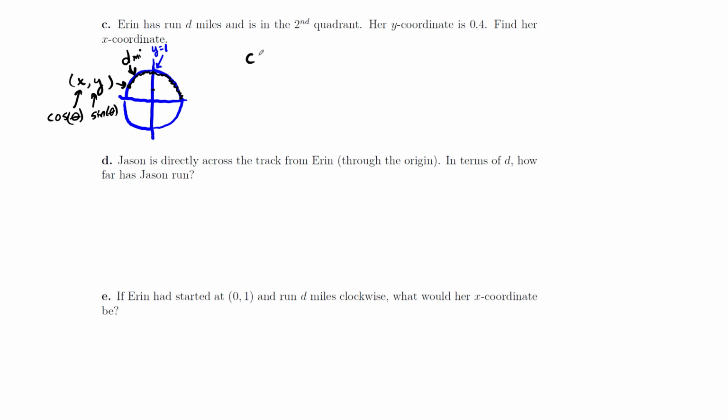So the way to approach this would be to say, let's use our Pythagorean identity that we learned. Her y coordinate is 0.4, so that is sine of theta, and we're going to square that.